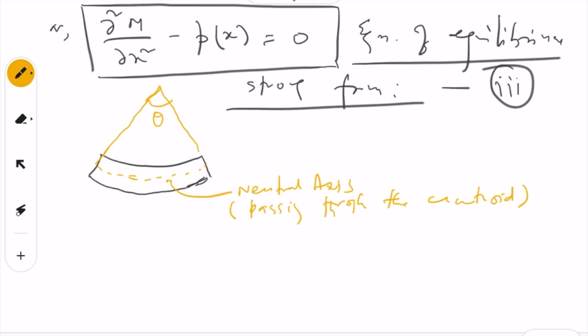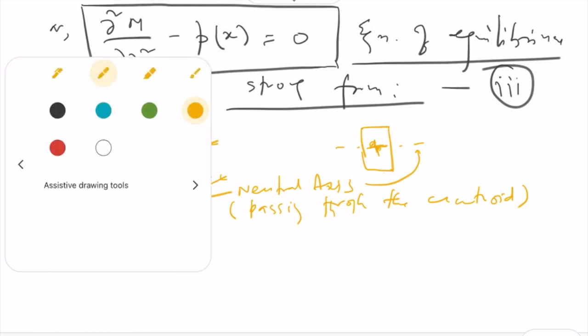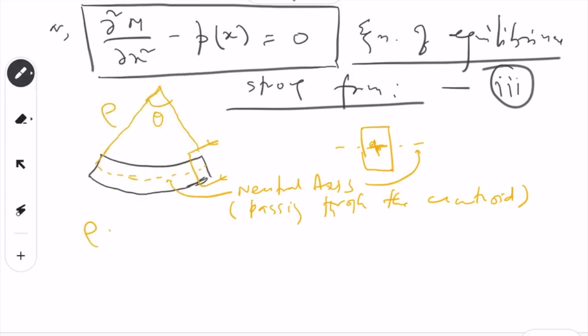So let's say this section, if you take the section from here, it may look like this one, and this is the neutral axis, and here it is really the centroid. Okay. So if this is theta, and let's say rho is the radius of curvature.